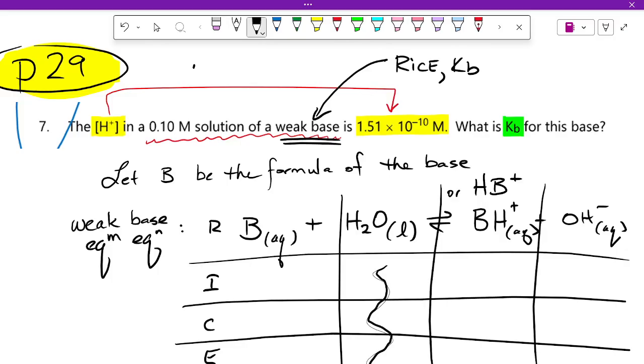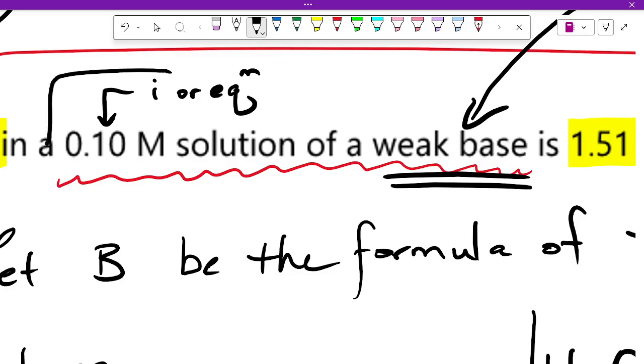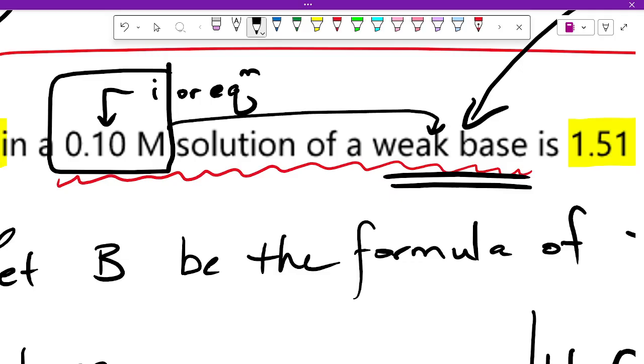Now we have a 0.1 molar solution of the weak base. Is that the initial or the equilibrium concentration? That is always the initial. Remember when it was a weak acid, whenever I gave you a concentration, it was always the initial concentration of the acid? So this is the initial concentration of the base. So if you are given a concentration of a weak base, or if you are asked for a concentration of a weak base, it's always the initial concentration.